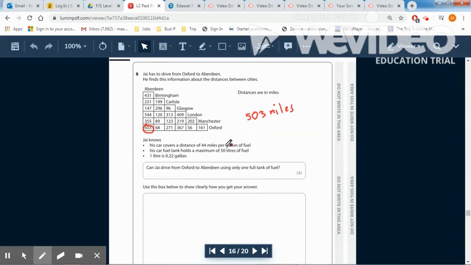And because it's in gallons here, miles per gallon, we want to change that into gallons. So we can do that is say 50 multiplied by 0.22. I've worked that out. It's just going to give us 11 gallons.